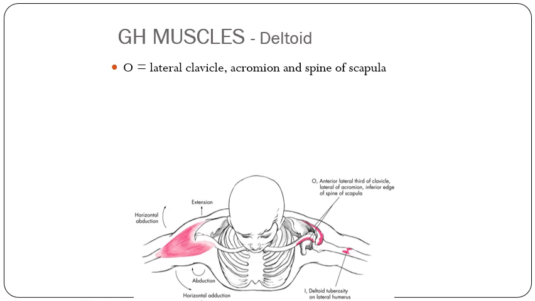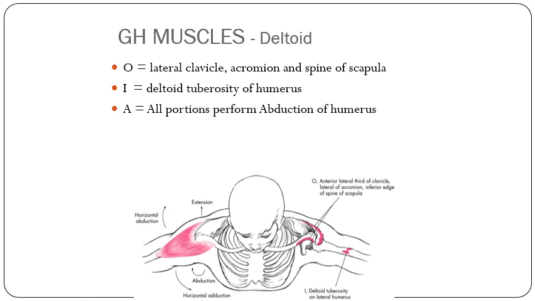So the origins: lateral clavicle, acromion, and spine of the scapula. It inserts on the deltoid tuberosity of the humerus. So there's another thing: the anatomical landmarks are significant for a reason. The deltoid tuberosity, we showed that as a relevant anatomical landmark, so note that.